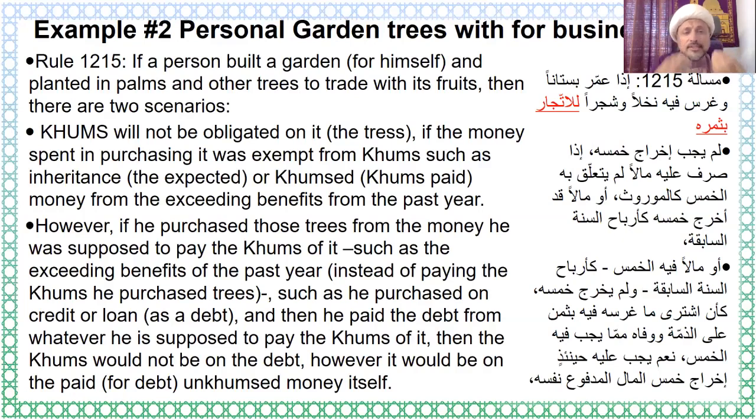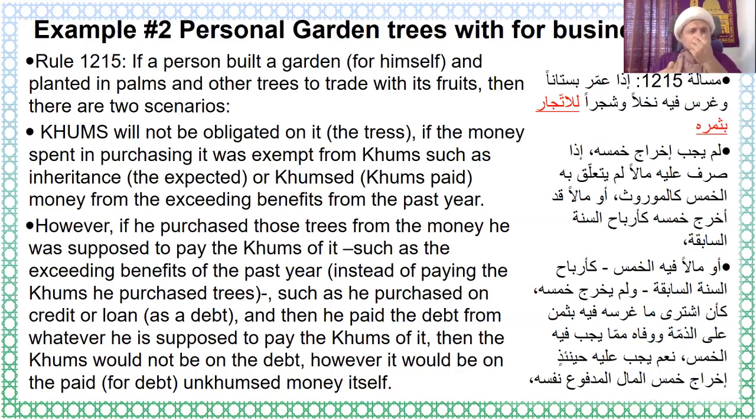Why? Because this is your thing which you have purchased for business. You have done it for business. So we said if you had a shop and you had some products in your shop and the value of that product increased, even if you don't sell it, you have to pay the khums of it. So the whole idea here in this ruling, please don't get mixed up.